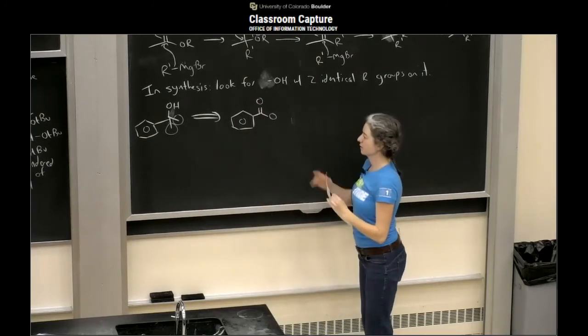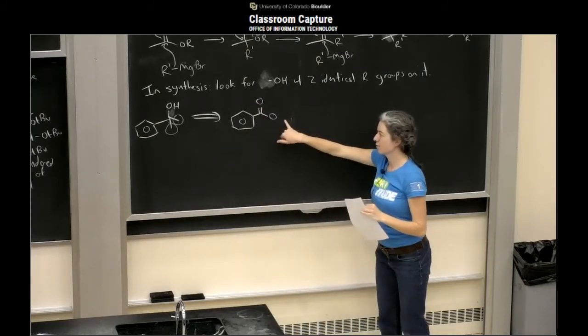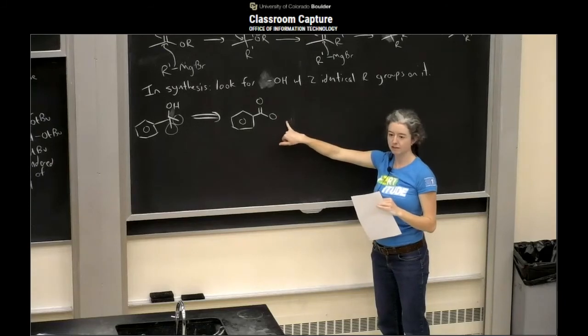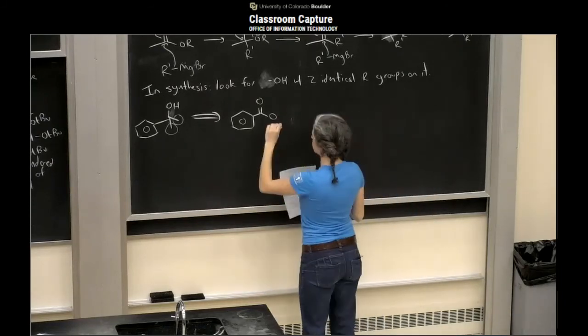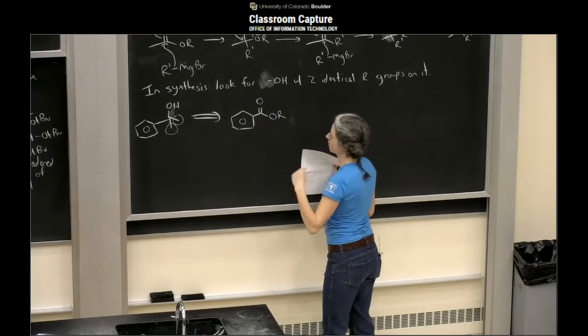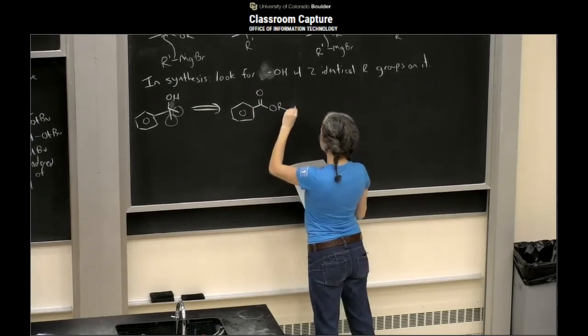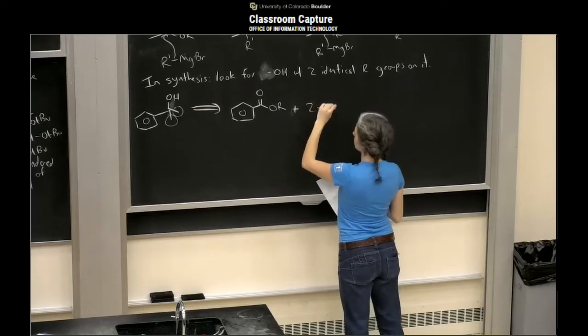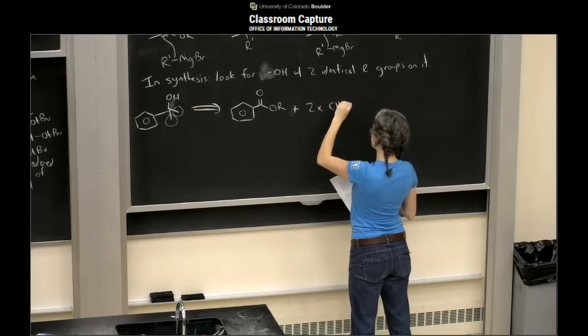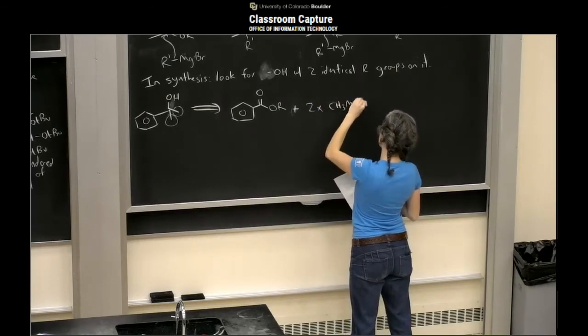All right, so I'm going to start off with an ester. Does it matter what this part of the ester is out here? Nope, because it's going away pretty much immediately. So I'm just going to call it R. And then plus 2 equivalents of CH3MgBr.